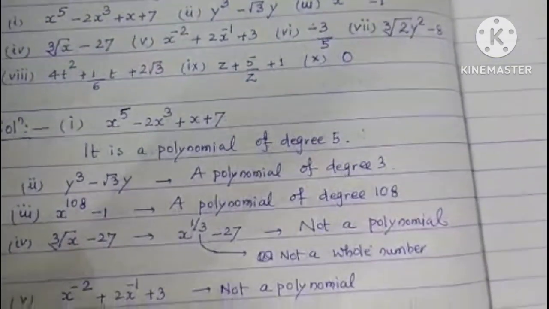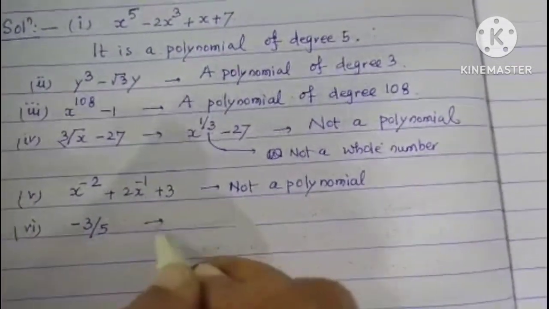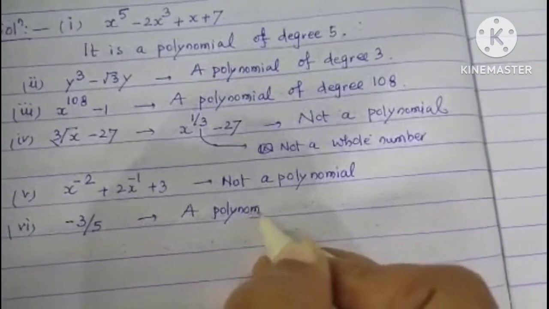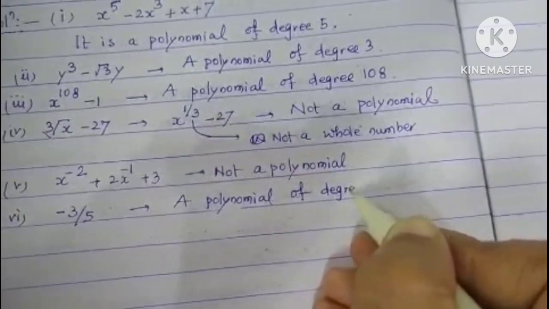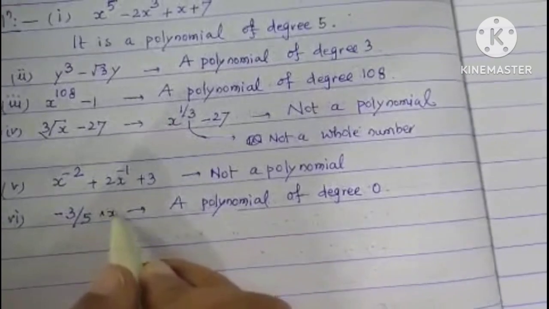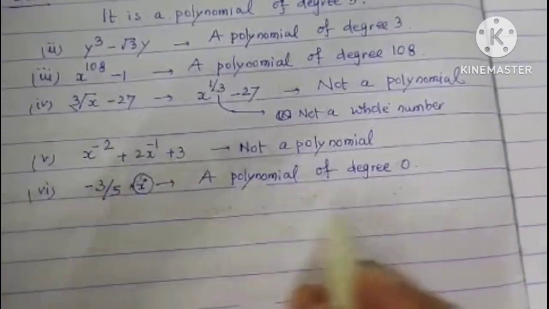Now sixth question: minus 3 by 5. It will be a polynomial of degree 0, because you can write here x to the power 0. So this is a polynomial of degree 0.